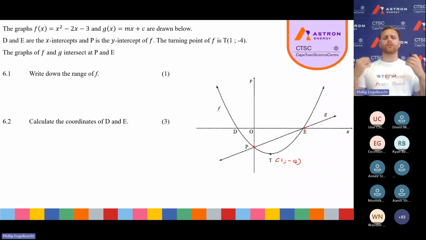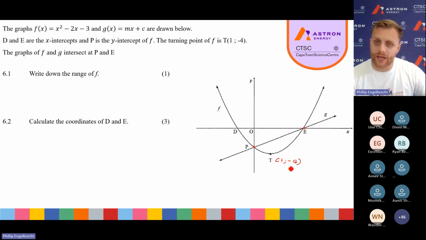And basically, guys, what the range means is what are the possible outcomes of my function? So what are the possible y values that I will get? If you even look at this graph, your range is basically any value that is equal to or above negative 4. So it's any value above this turning point.